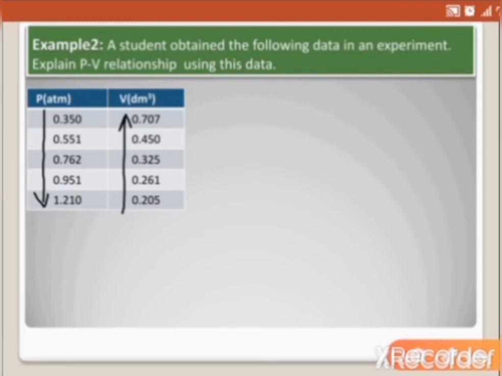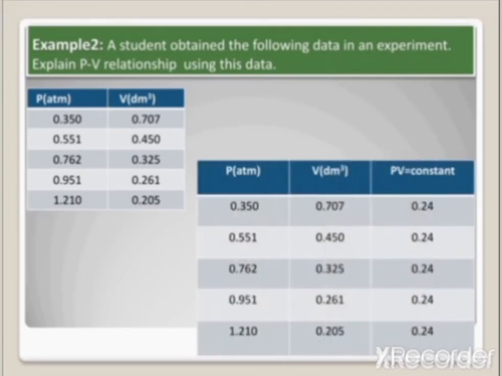To check whether the data satisfies Boyle's law, we are going to multiply the values of pressure with the values of volume. If we get a constant value, it means the data is according to Boyle's law.